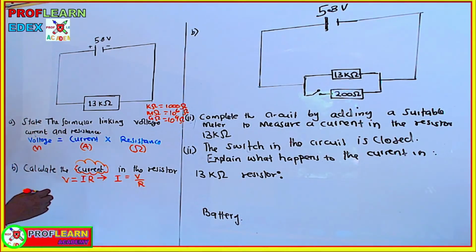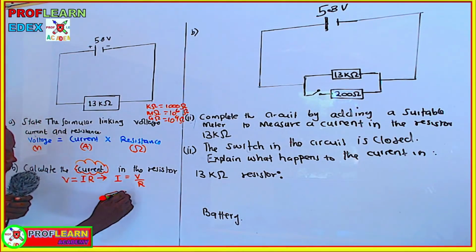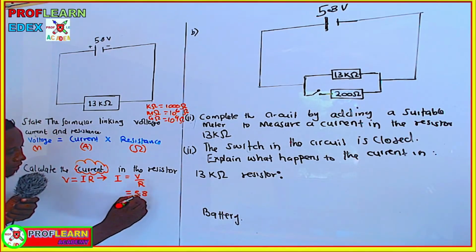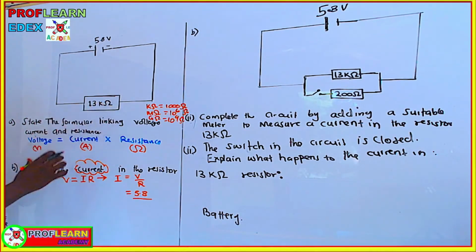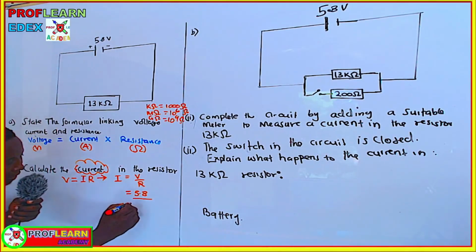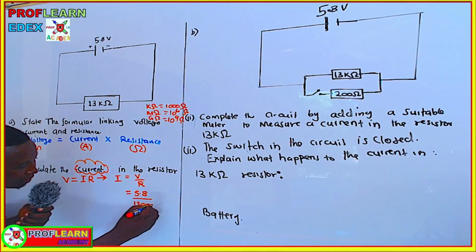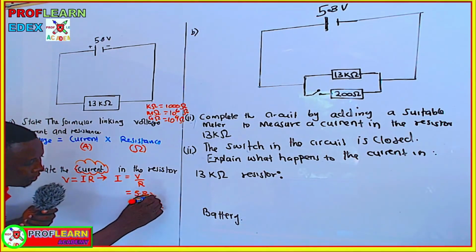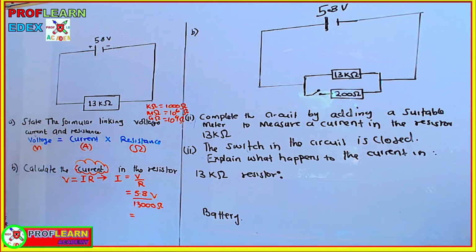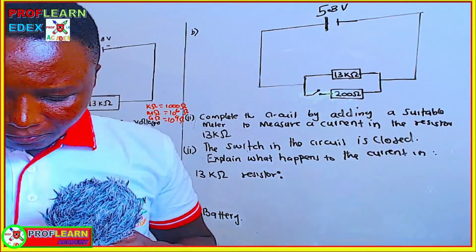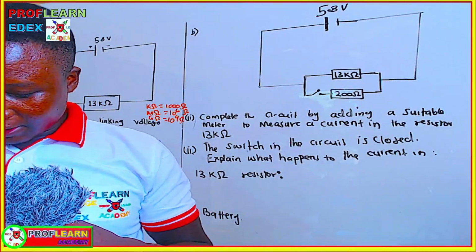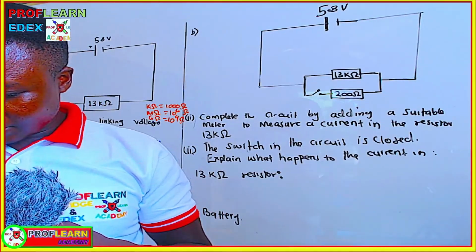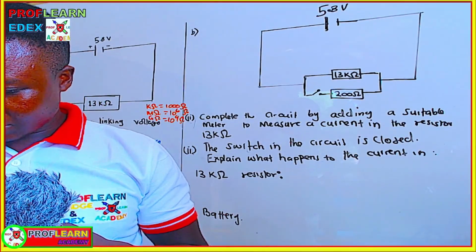So we take the voltage, which is 5.8 volts, divide by the resistance, which here is 13,000 ohms. If we use our calculator, this is going to be 5.8 divided by 13,000.